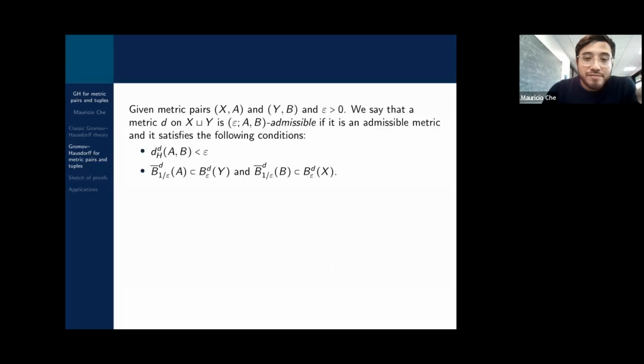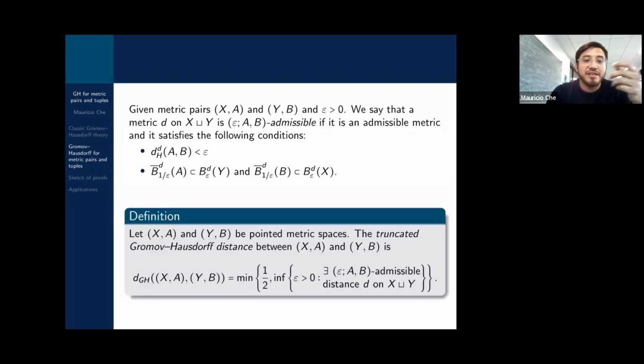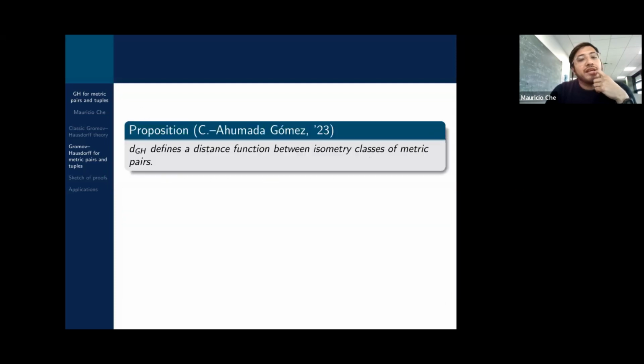Again, we can also define a distance function by considering epsilon-AB admissible metrics on the disjoint union of X and Y, and then taking the infimum of such epsilons, the minimum of this and some constant, and then we have analogous results.